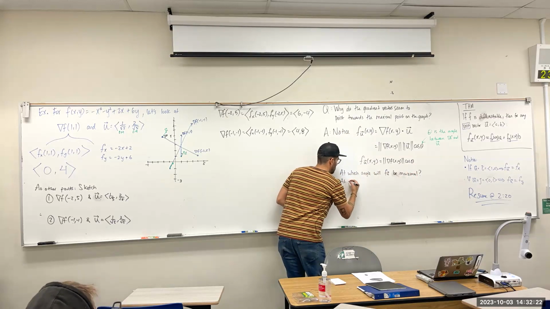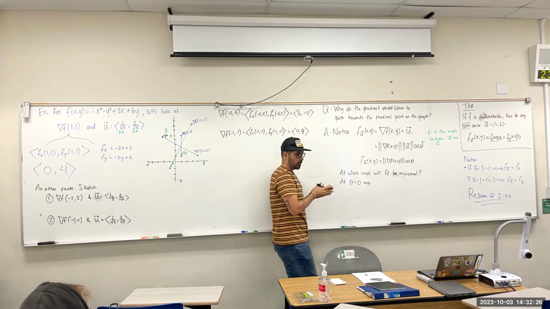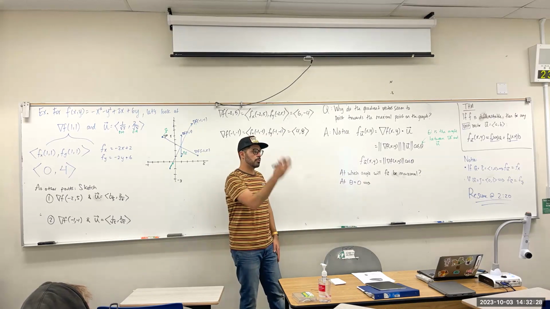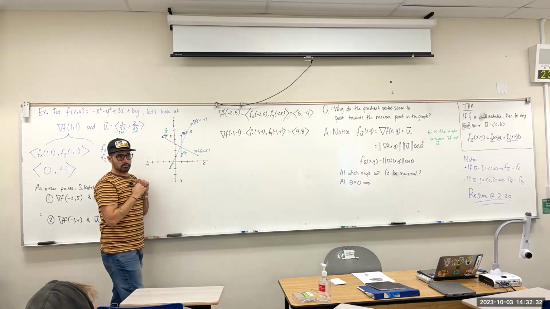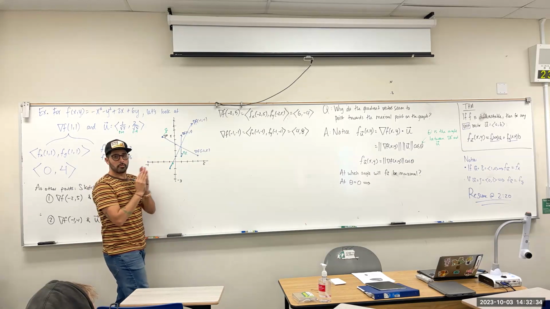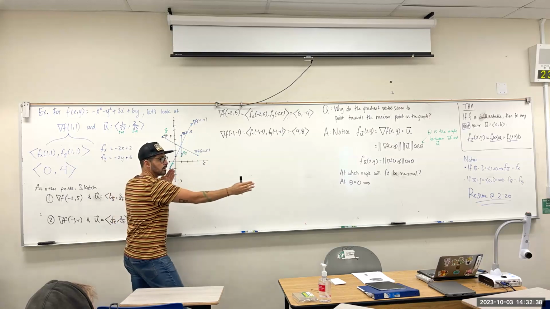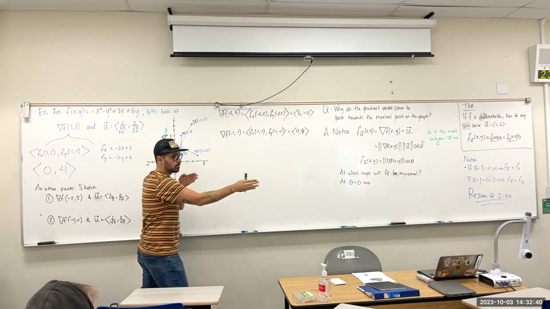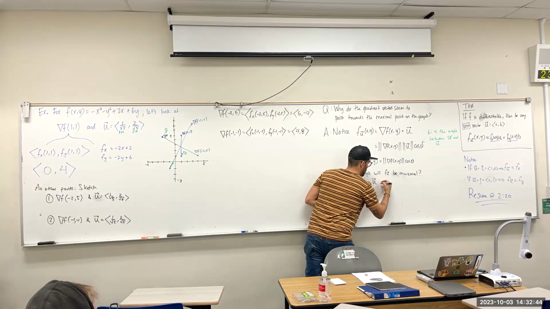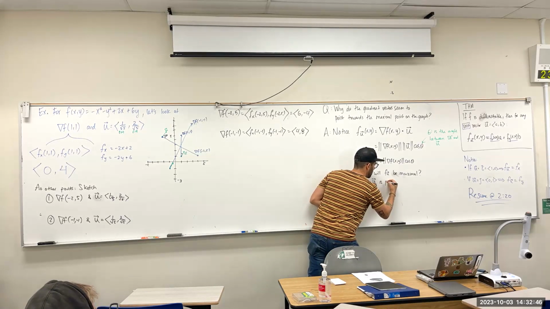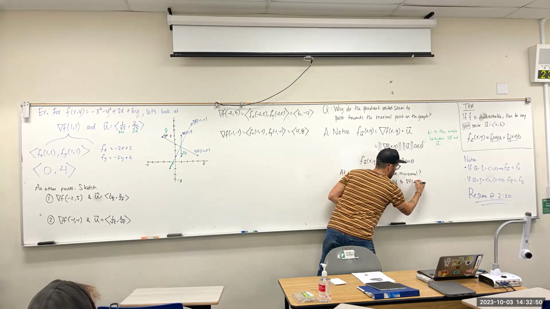If theta is 0, what does that tell you about the relationship between u and the gradient? They're pointing in the same direction, so what do we call that with vectors? They're parallel. So u is parallel to the gradient vector at that point.